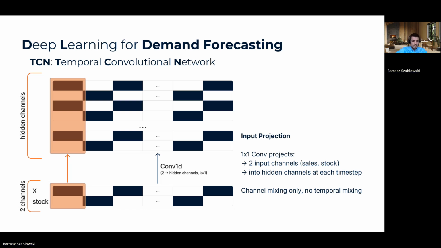And here is one important detail. The convolution doesn't yet look across a long time. So it's not learning trend or short-term temporal patterns. It operates on each time step separately, but it looks at both channels at the same time, meaning sales and stock in the same week. So for each week, the input projection takes the pair of sales history and stock and transforms it into a richer hidden representation. So we move from 2 channels to hidden channels, for example, 64.